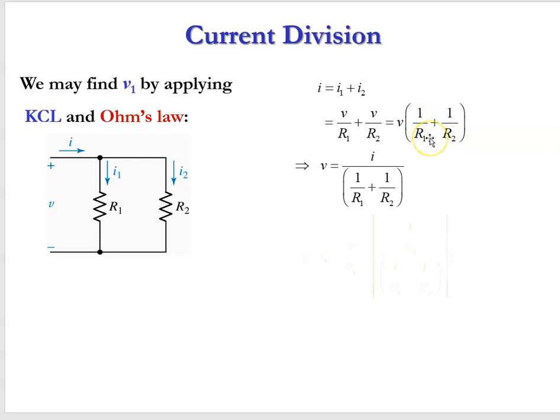We could also write that as I divided by G1 plus G2, where of course G1 is equal to 1 over R1, and that's our conductance. And G2 is 1 over R2, and that's also our conductance.